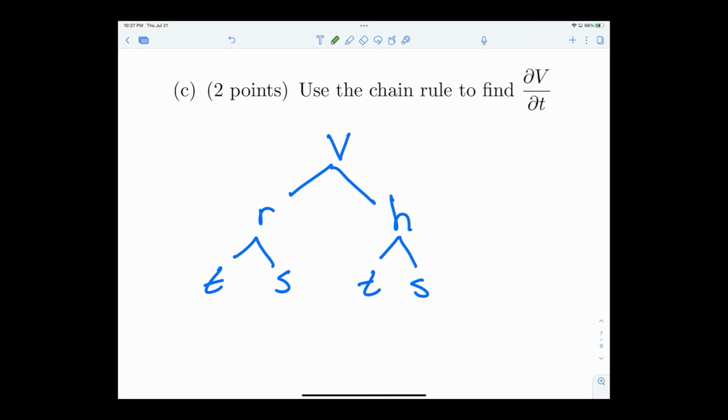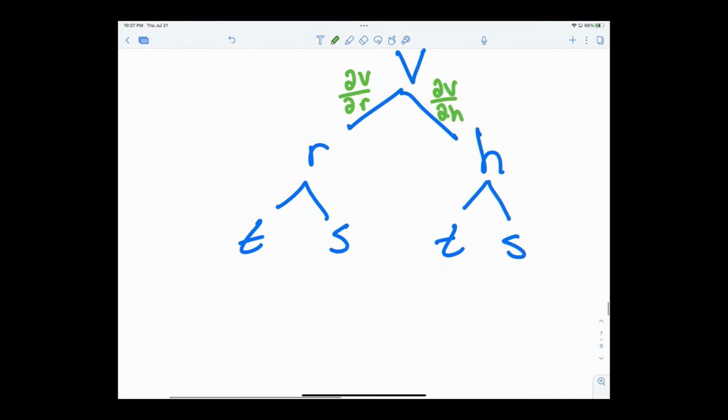So between the V and the R, you could write dV/dR, for example. And between the V and the H, you could write dV/dH. And then between the R and the T, you could write dR/dT. And between the R and the S, you could write dR/dS. Same thing over here, dH/dT and dH/dS, right?